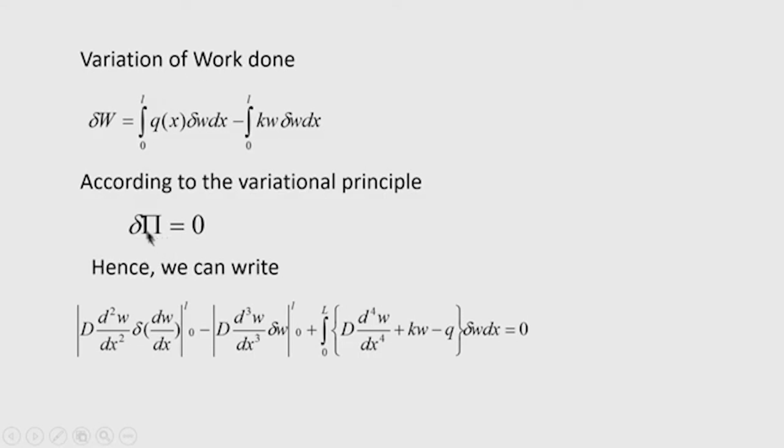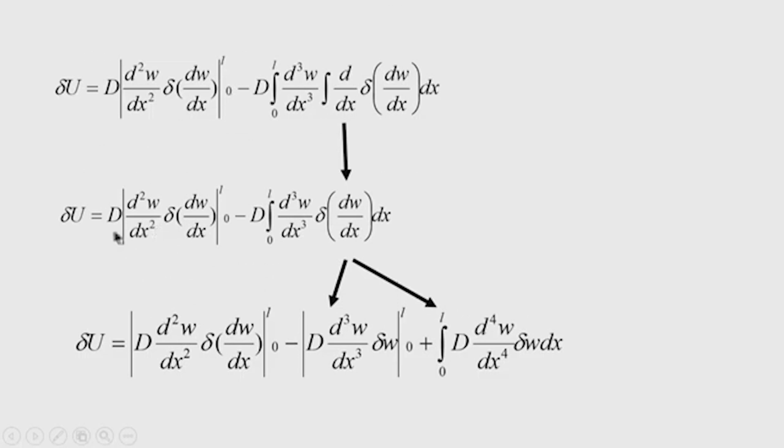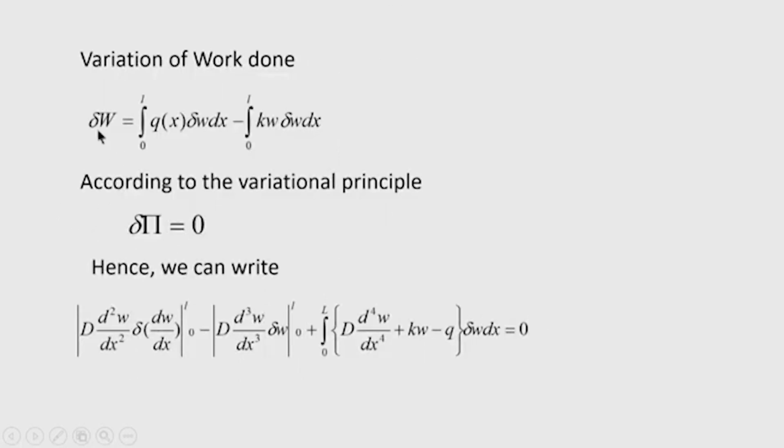Now, substituting the component, delta pi is obtained as del u minus del w. So, substituting all these components that we have evaluated in the earlier process, we now write del pi equal to this quantity equal to 0. Okay. So, you are getting here the quantity that has to be evaluated at the boundaries, here also the quantity that has to be evaluated at the boundary, and here there is one integral.